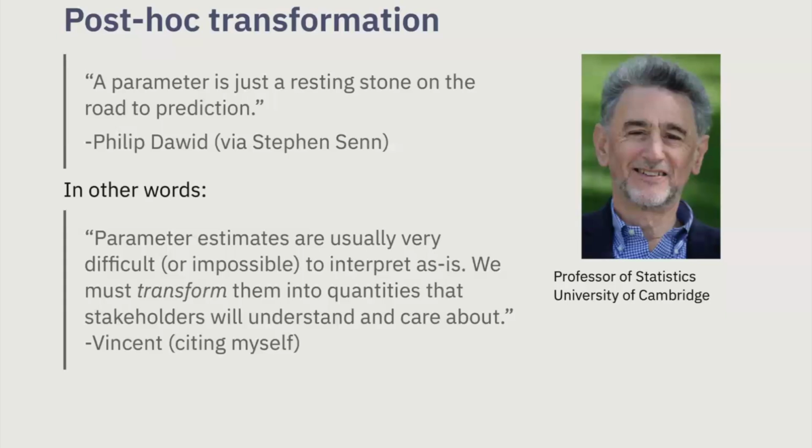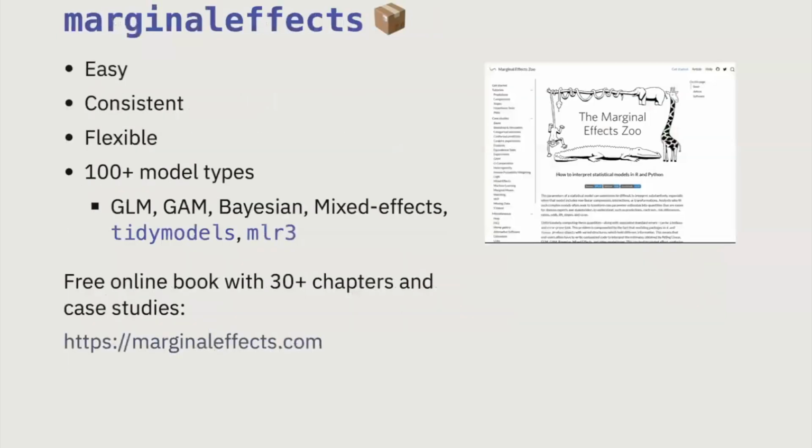So using these post-hoc transformations, that is, you take your model, you fit it, you get your estimates, and then you transform those estimates, then that can help you do better, I think. Okay, so how do you do those post-hoc transformations? Well, I'm proposing the marginaleffects package, which I believe is easy, consistent, flexible. It supports over 100 different types of models.